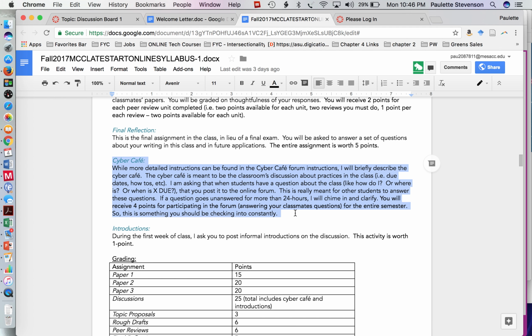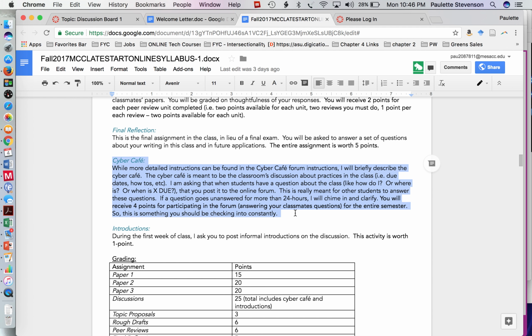And then you have a cyber cafe. So this is your space all semester to ask questions. Ask as many questions as you possibly can. Ask and answer questions. Ask questions that have to do with how things happen in this class. Things that you are fuzzy on.